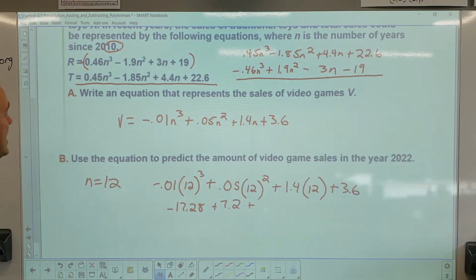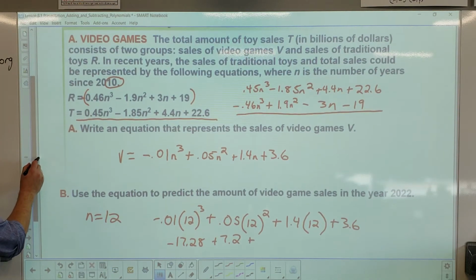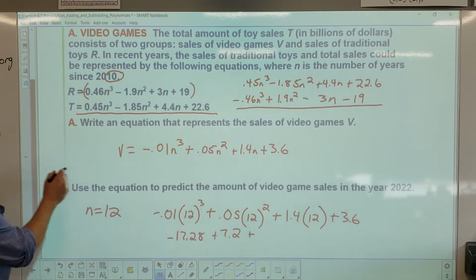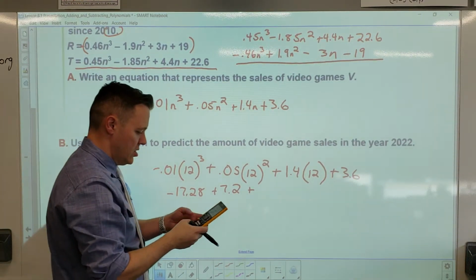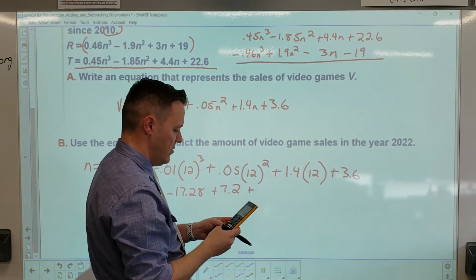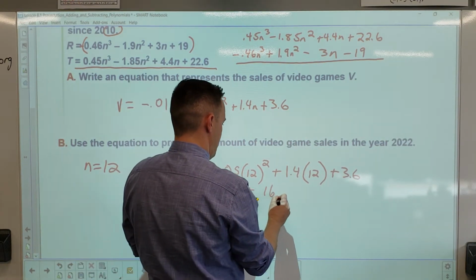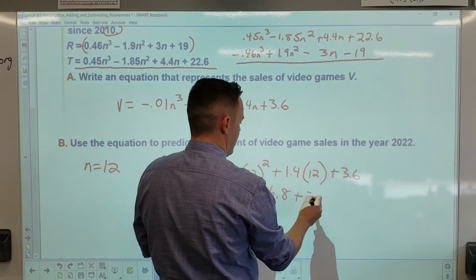And what you're looking at is it would represent the number of sales in billions of dollars, okay? So you just keep working along on here. So 1.4 times 12 is 16.8, and then it's plus 3.6.